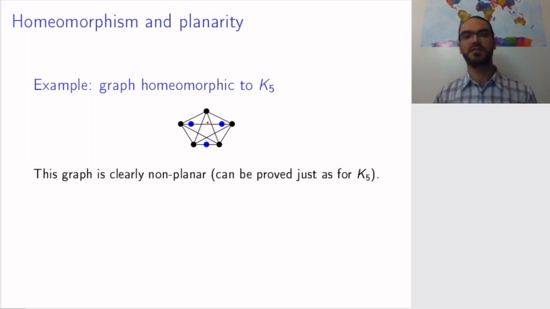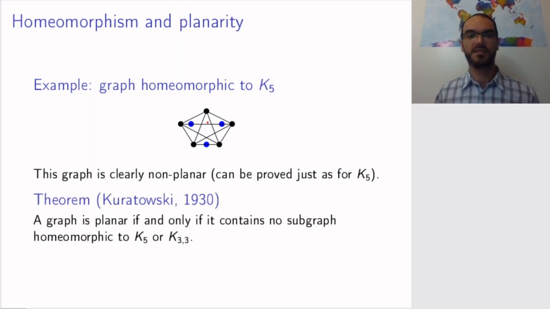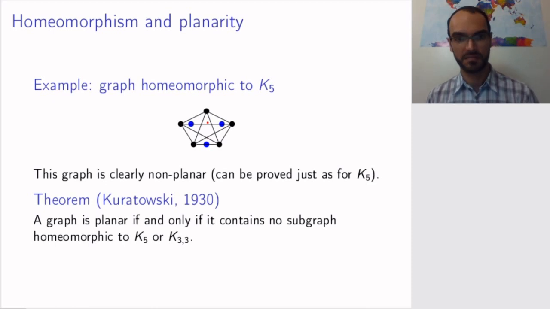So now we can state the first version of the remarkable remark as a theorem. This theorem is due to Kazimierz Kuratowski from 1930. And the theorem says that a graph is planar if and only if it contains no subgraph homeomorphic to K5 or K33.